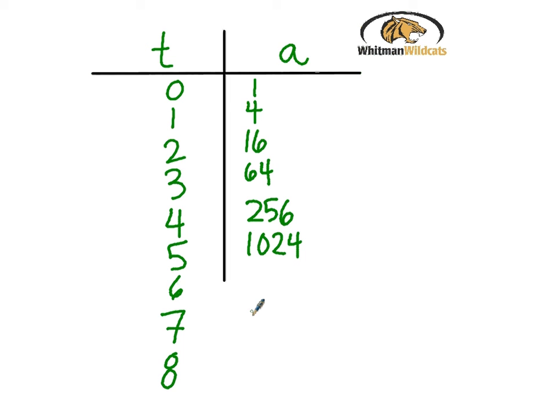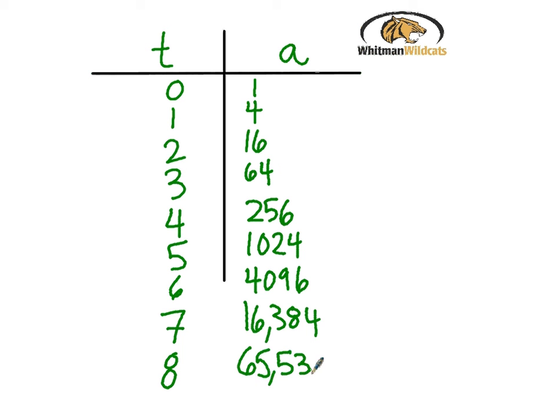And we continue multiplying by 4. And we get 4,096. And we multiply by 4. And we get 16,384. And we multiply by 4. And after 8 hours, the total number of amoeba is 65,536.